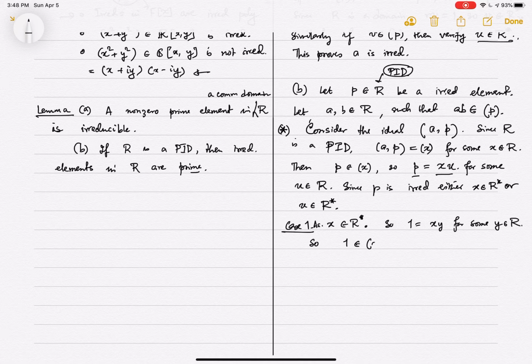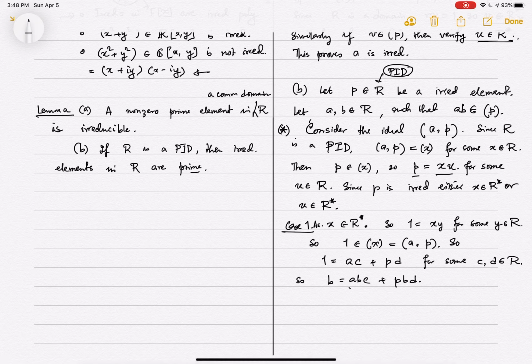So 1 is in the ideal generated by x, which is the ideal generated by A and P. So 1 can be written as A times something. What letters haven't been used? C, plus P D, for some C, D in R. So B is ABC plus PBD.